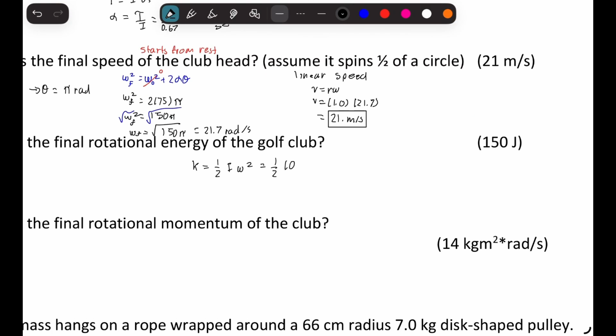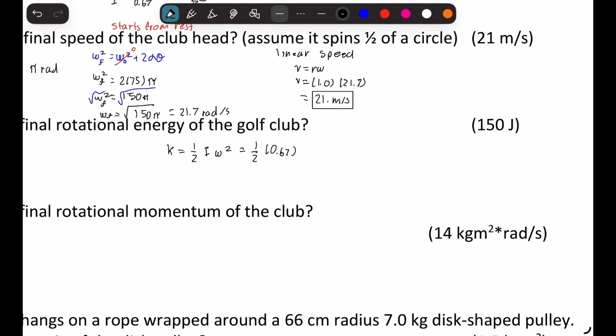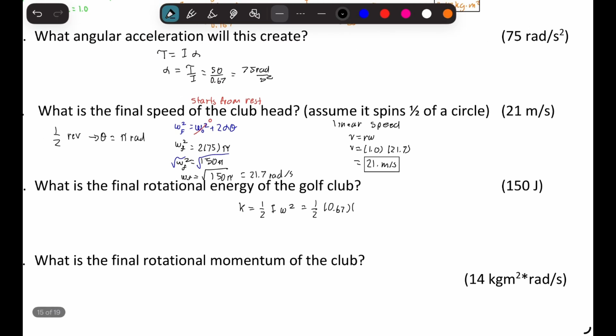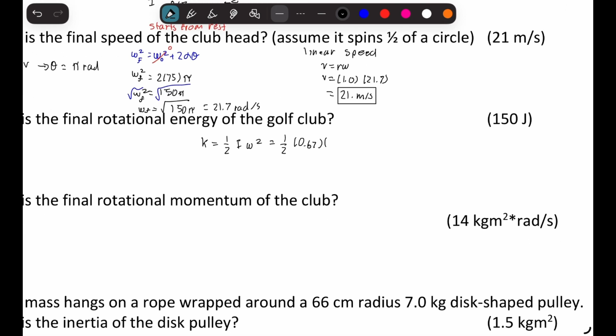So if we plug that in here, 0.67, and we have our moment of inertia times omega squared, that we found, so that's going to be 150 pi. So this is going to be equal to 0.35335,471, and that's going to equal 150 joules.